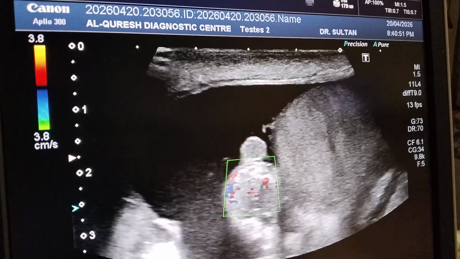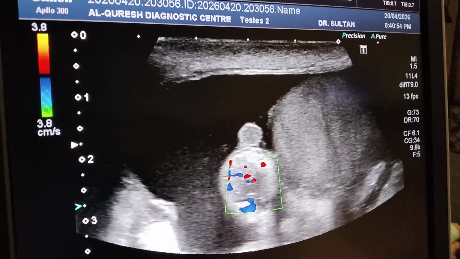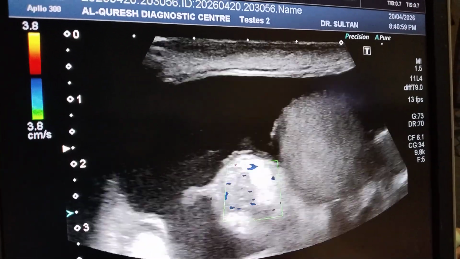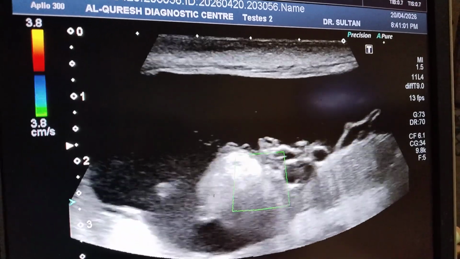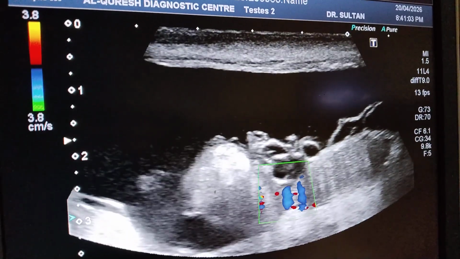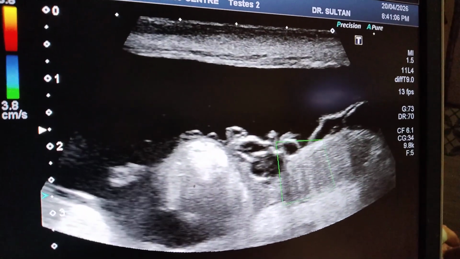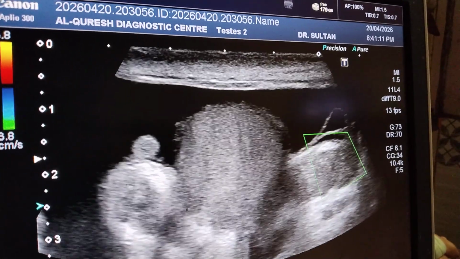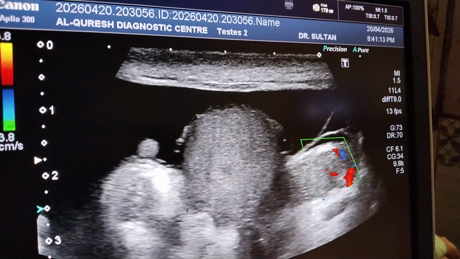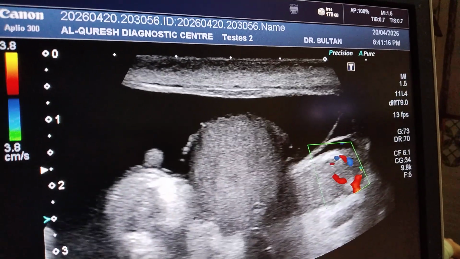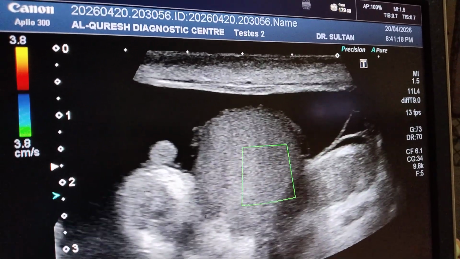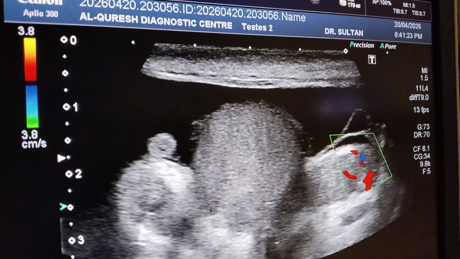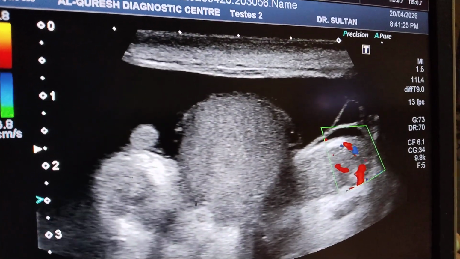So now I am focusing on the right epididymal head and also this is the body, and I am going to see the tail. Relatively increased vascularity is present, but it is less than the left testis.